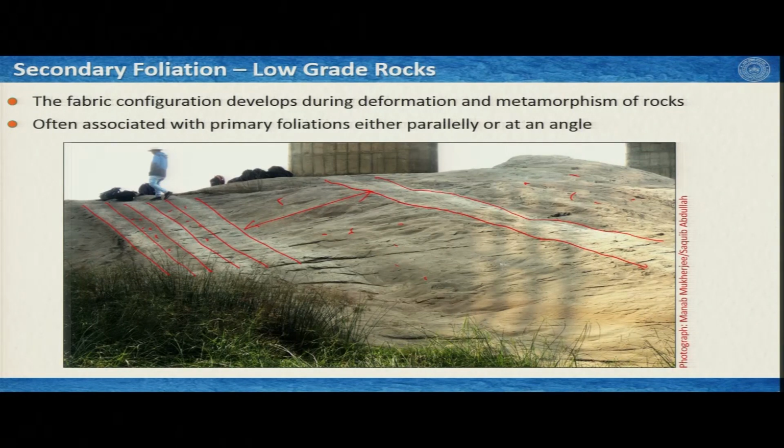However, in this outcrop, we can see that there is another plane, or a series of planes, that appear in a different way relative to the primary layering, which is oriented in this manner. And this other orientation, as you can imagine, is like this. Let me have a different color.